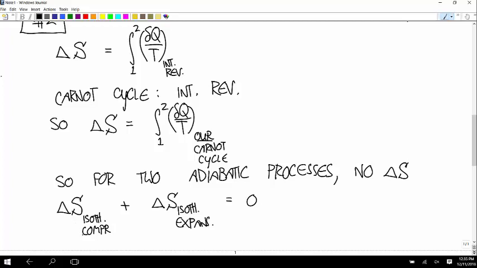So if you start out with the isothermal compression, you can calculate the stuff they ask for, and you can calculate the change in entropy. Then that tells you what the change in entropy is for the expansion, and then you can get everything from there. But the solution's posted online.